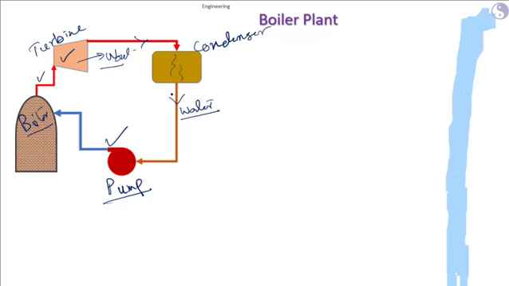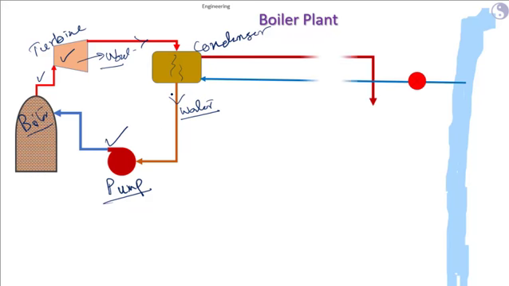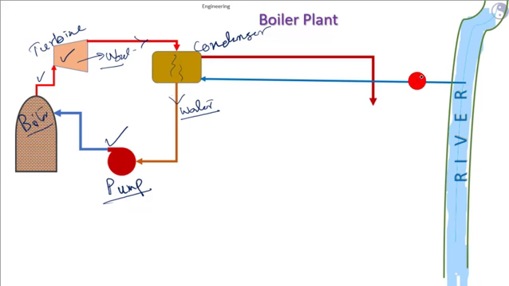Water required in the condenser is generally taken from a river or lake. Suppose we are taking it from the river and it is pumped with the help of a pump, and it comes out as hot water from the condenser.